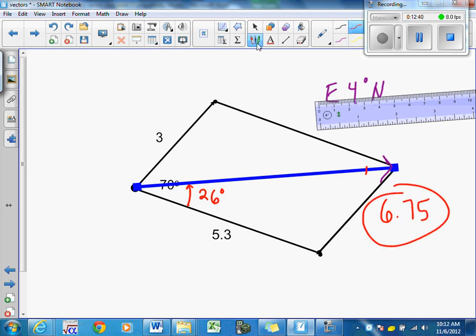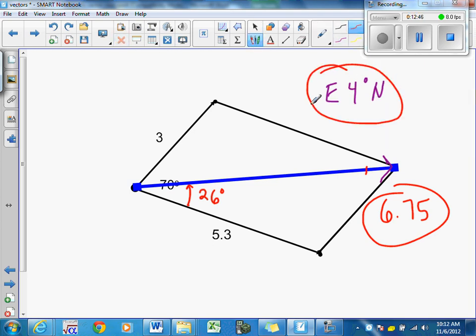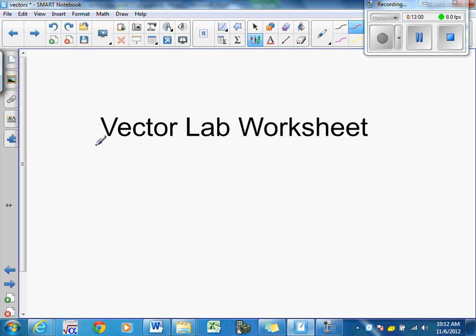So I was able to find my direction and my magnitude by graphing it and using my arrows. So that's the first thing. We just want to work on drawing and trying to draw these very accurately and measuring our vectors. So that's our first lab worksheet.